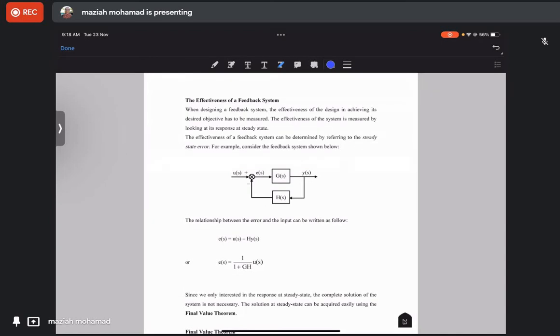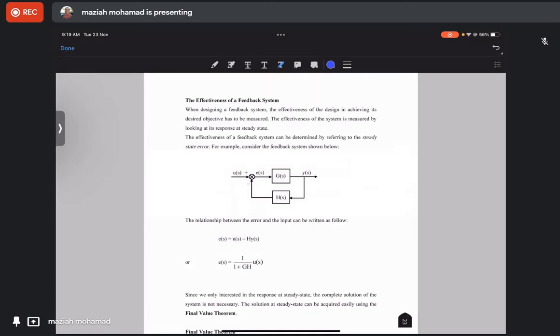All right. Okay, so in the previous topics, first order and second order, all the parameters, all the behavior that we have discussed is actually for the transient region. In the very first part, when I introduced you to time response analysis, I mentioned that time response analysis will be divided into 2 parts. The first one is the transient region, and the second part is the steady state region.